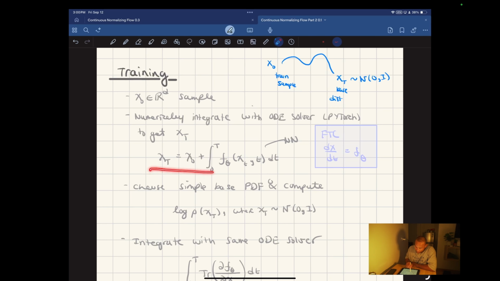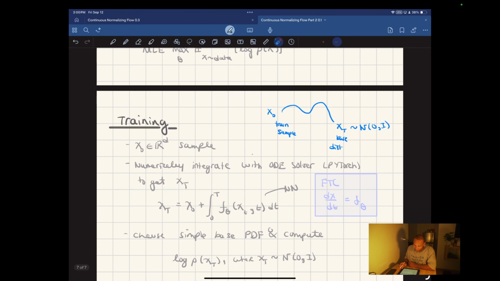To do that, we need to solve this equation, right? We have a vector field, and let's just say we initialize theta to be random at first. This is a neural network parameterized by theta. Integrating this is our differential equation. If we remember, this is a vector field.